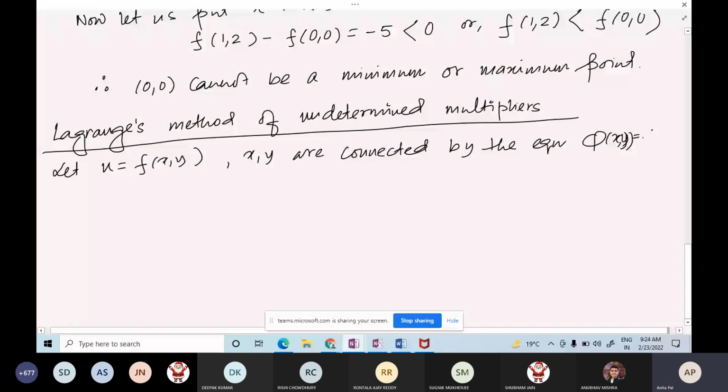That does mean if u is a function of x and y, which have some relation, phi(x, y) equals 0, then in this case we define a new function capital F, which will equal small f plus lambda into phi. This lambda is known as Lagrange's multiplier.